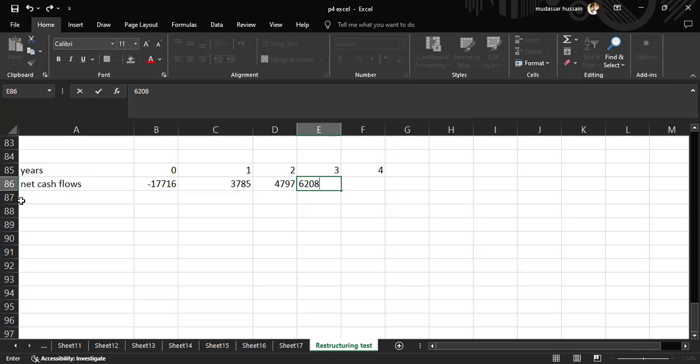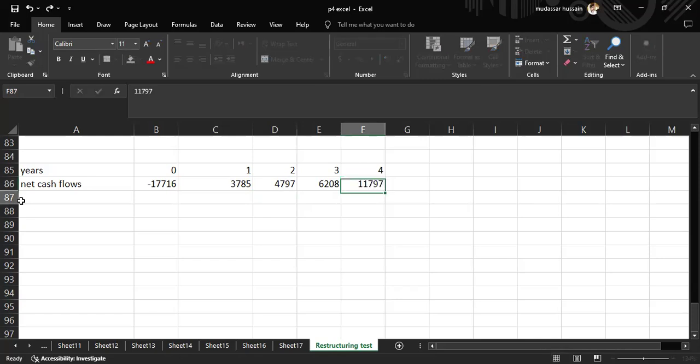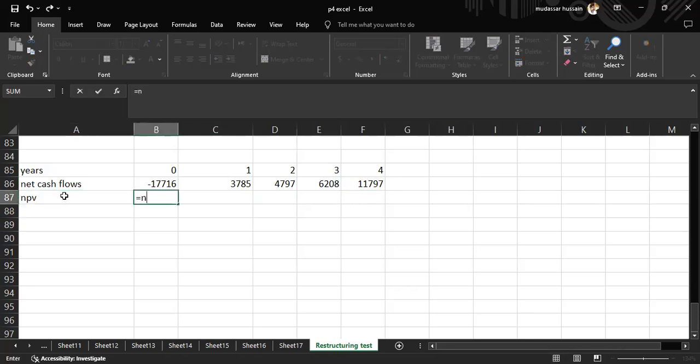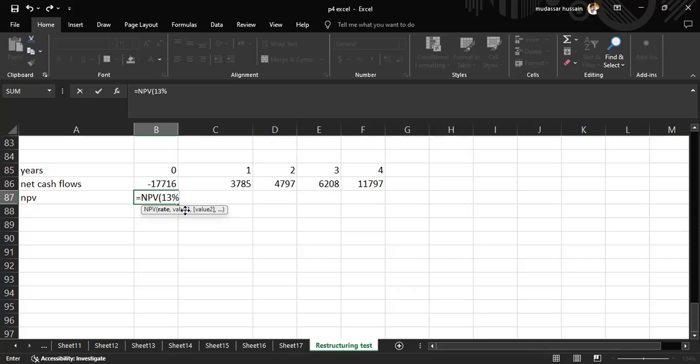Now we have to compute the NPV, equal to NPV, rate 13%, comma.